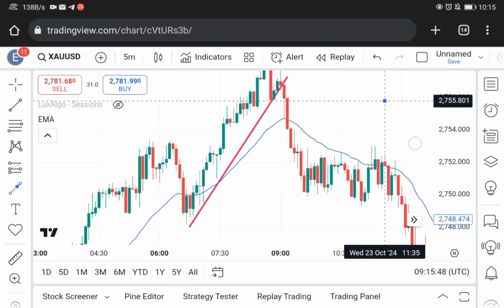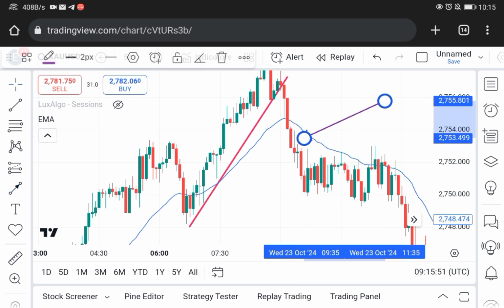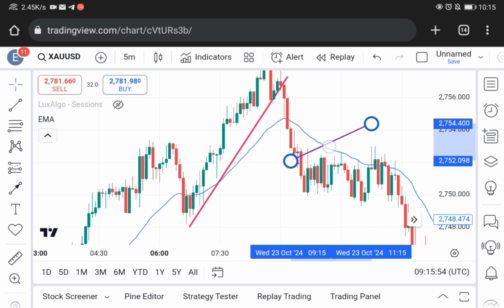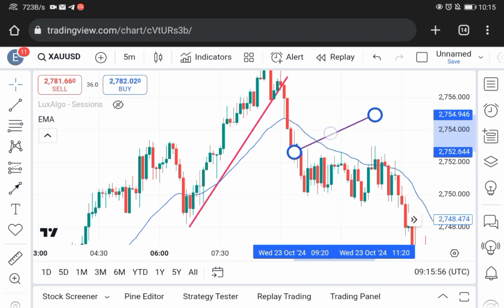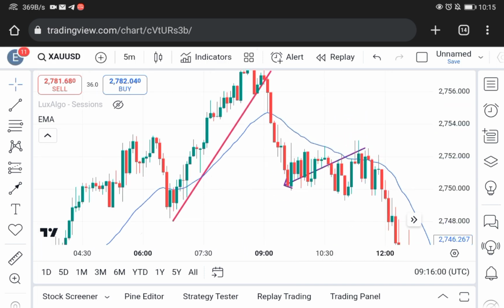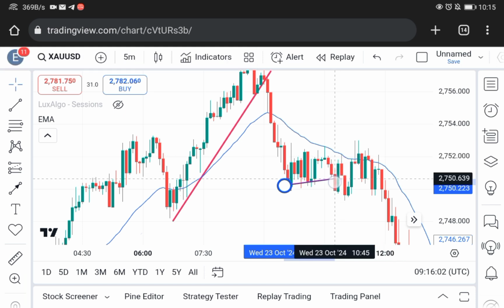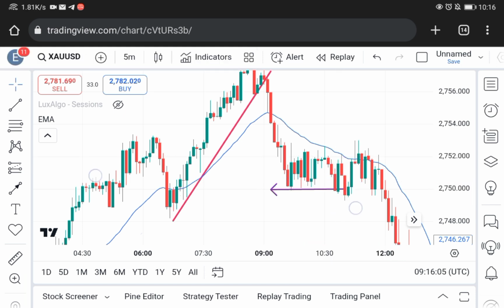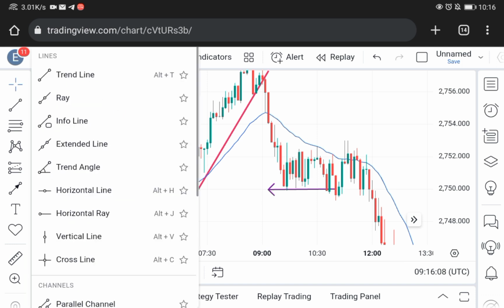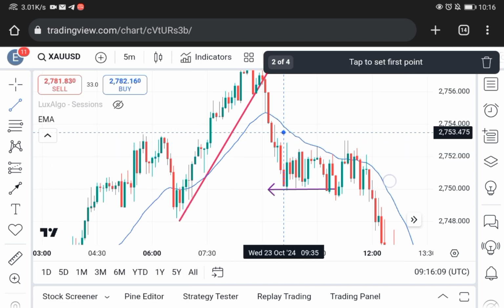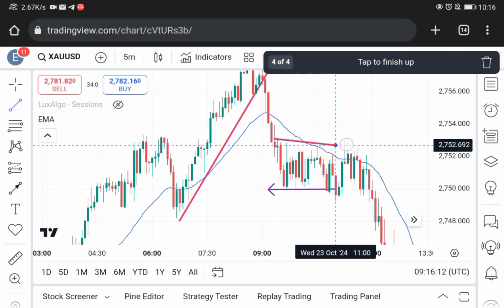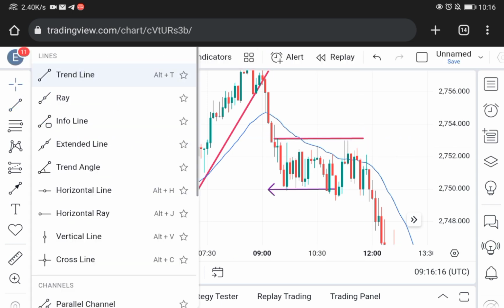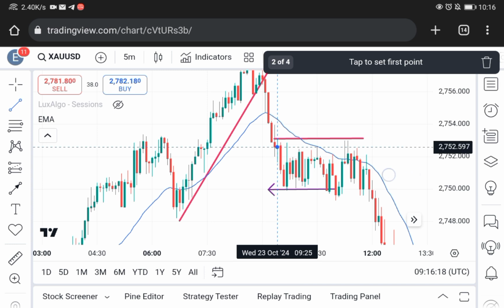After closing below this 30 EMA, it creates a structure, and it still closed below it. That was the last low, and here was the structure it created. Around this point was where it created structure, and it closes below it.